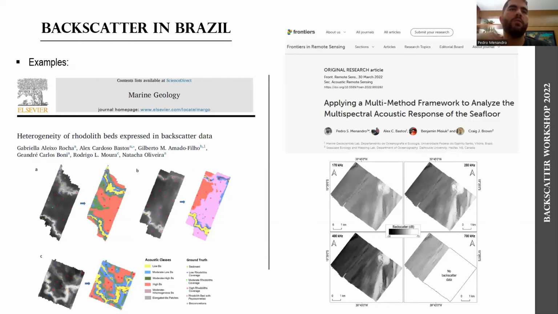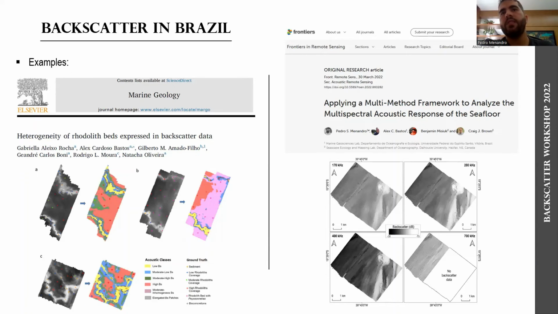Here are other examples from our group at the Federal University of Espírito Santo. The paper with single-frequency multi-beam backscatter classified the concentration of rhodoliths in accordance with the variation of the backscatter using image-based analysis.